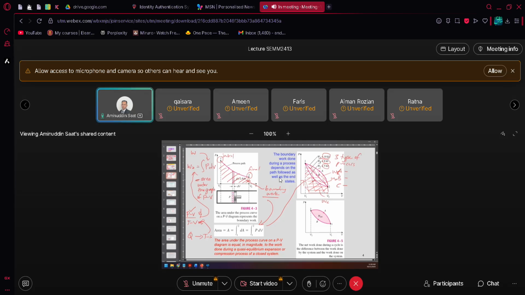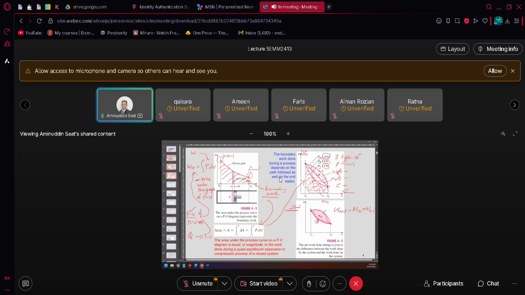That is for the first diagram. For the second diagram, any process which has the same initial and final state like this: first, you have the process from 1 to 2, which is process B, and then from 2 to 1, which is process A. Meaning that net work is equal to W12 plus W21.